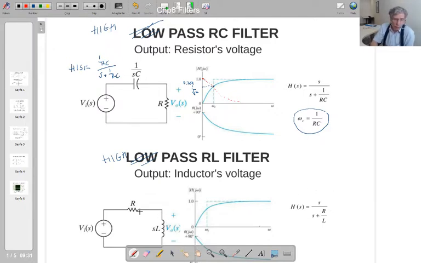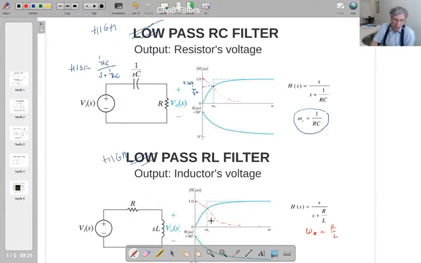If you take it from the resistor, instead of that s, you're going to get R over L. So the cutoff frequency for this one is also equal to R over L, same as the low pass filter cutoff frequency. For low pass it was like that. When it became high pass, it became this one.